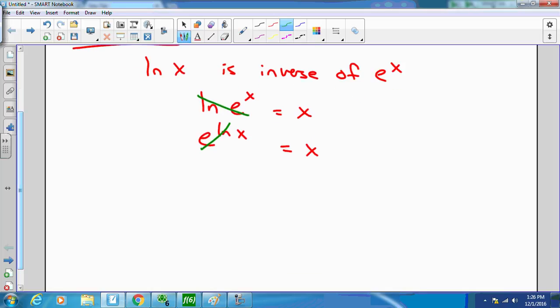And because the natural log of x is the inverse of e to the x, that means that all of the exponential properties can be inverted to give properties of logs.